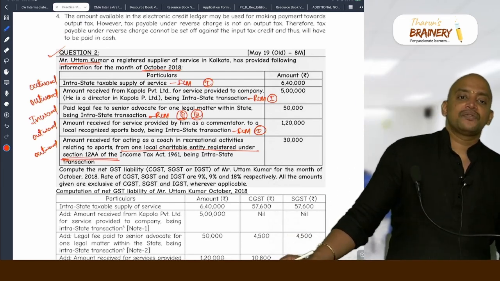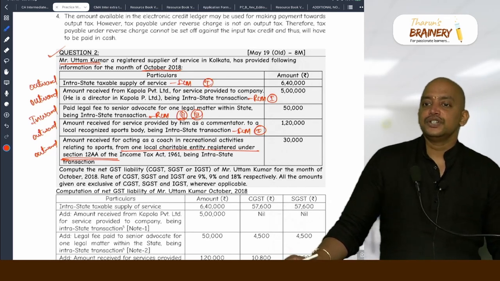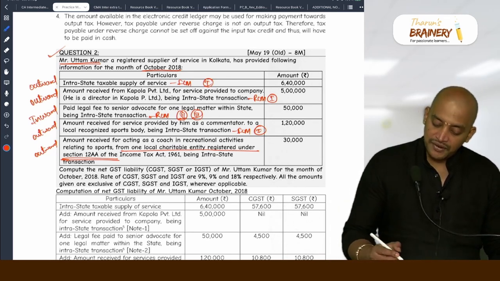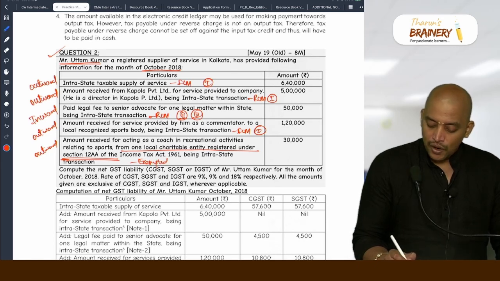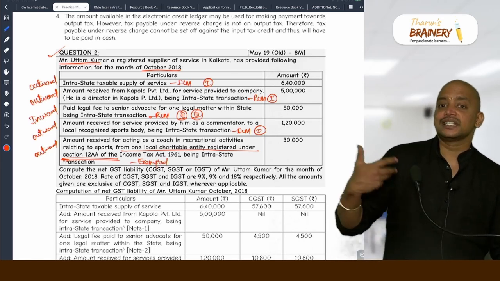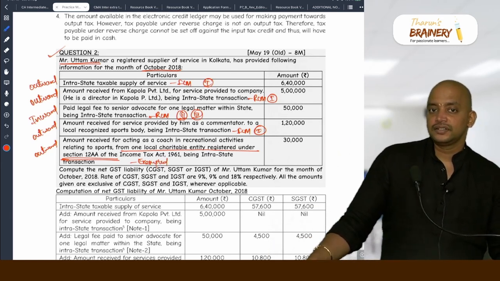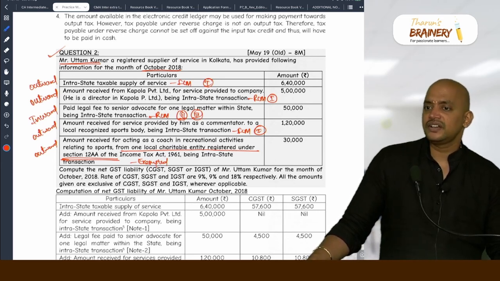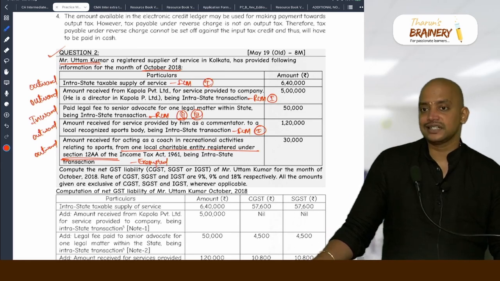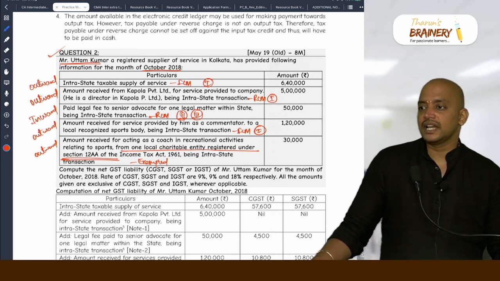As they are working in the trust, money received by them will become exempted. What if this person is directly receiving? Then it will be taxable. As it is received under a trust, it will automatically become exempted.